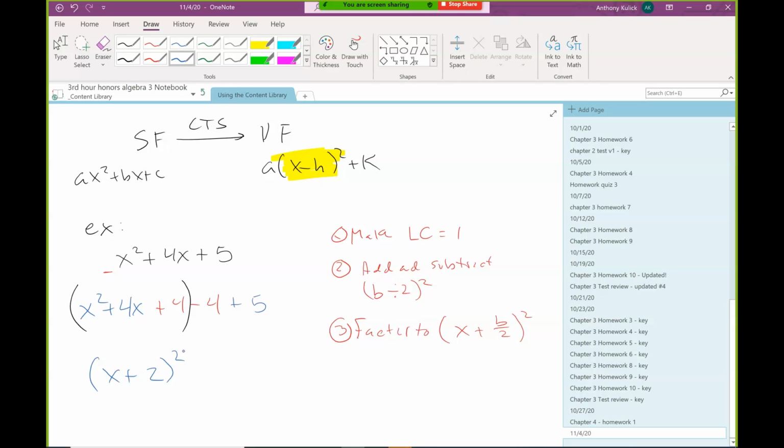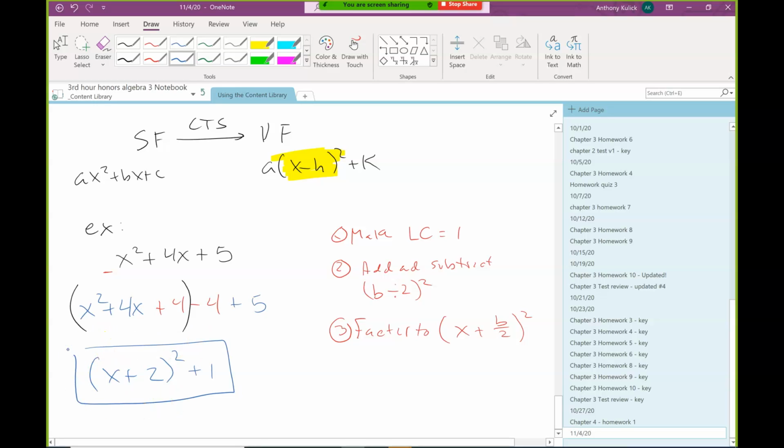Our b was 4, so b over 2 is just 2. If you wanted to check that, if you did x plus 2 times x plus 2, you get x squared plus 4x plus 4. Then negative 4 plus 5 is just 1. And we're done.